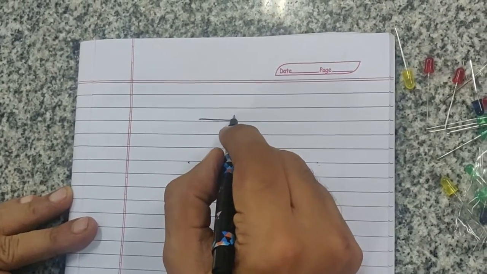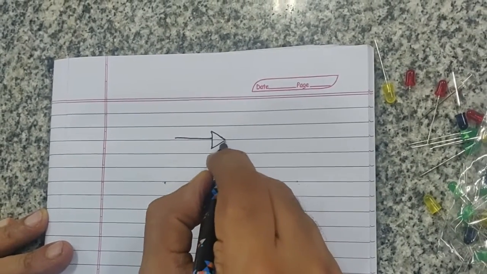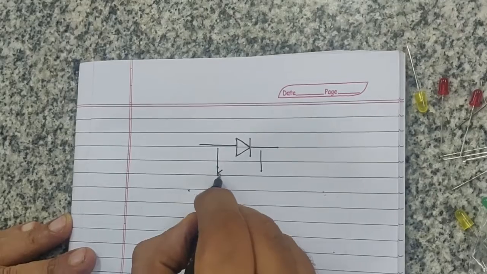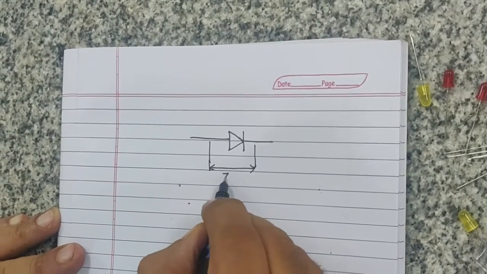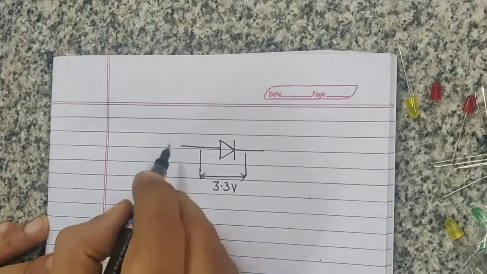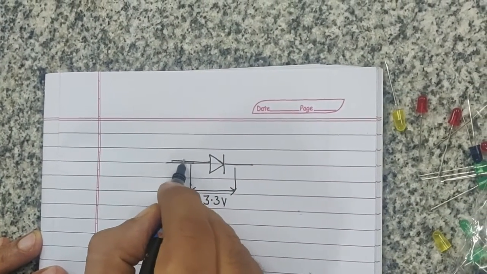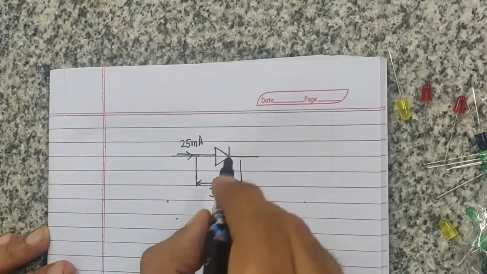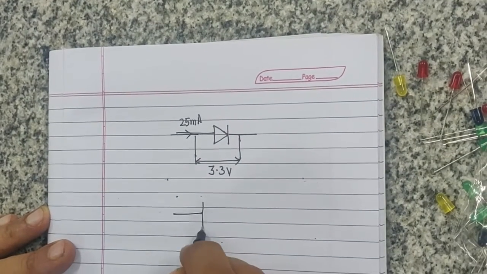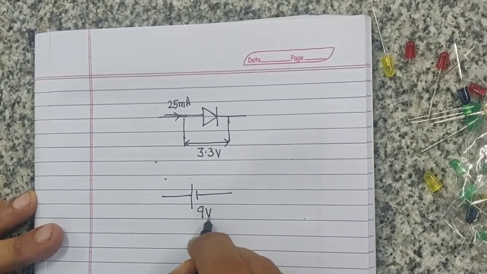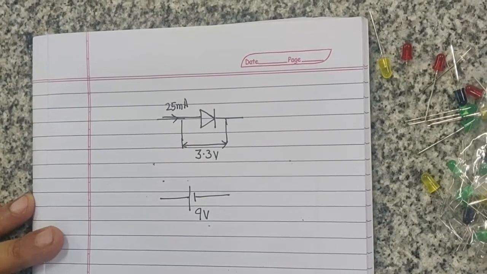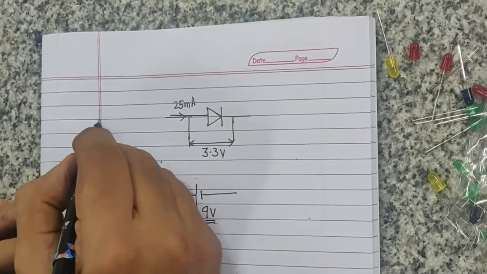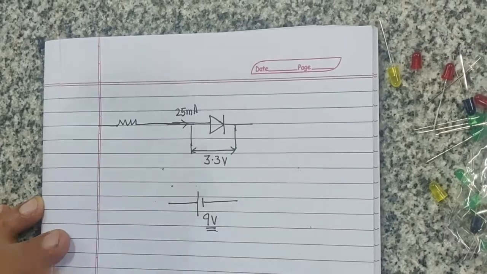Here is the situation we have. We have this LED, and that's the symbol of the diode. It needs about 3.3 volts and will draw approximately 25 milliamps of current. But what we have is a 9-volt battery. So we need to somehow take away the excess energy delivered by this battery, and the way you do that is by connecting a resistor.